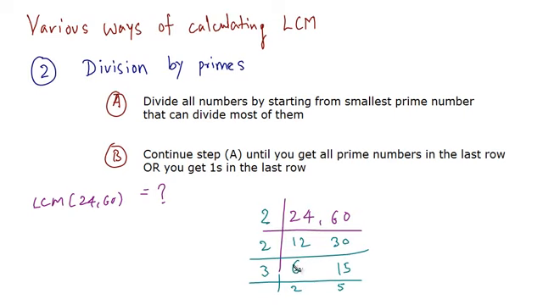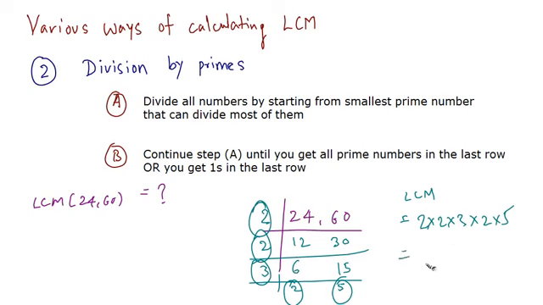And we have to stop until we get prime numbers in the last row, or we get ones in the last row. So LCM is, we have to multiply all of these numbers. So 2 into 2 into 3 into 2 into 5. So that comes out to be 120. So LCM is 120.